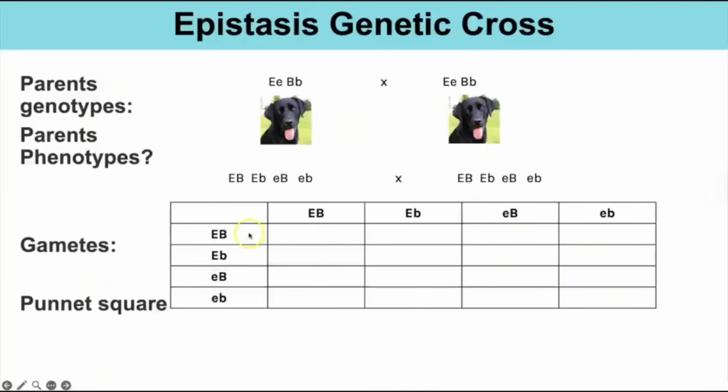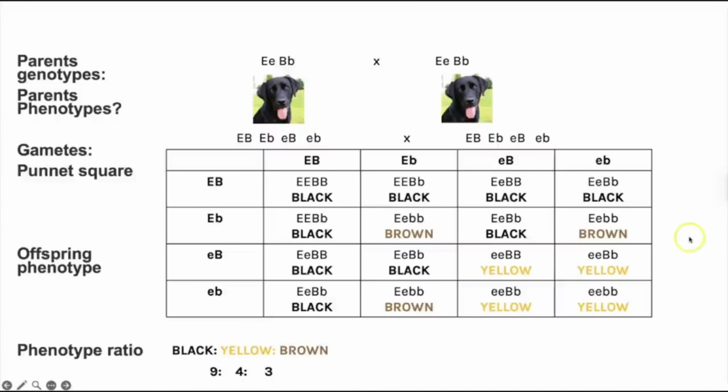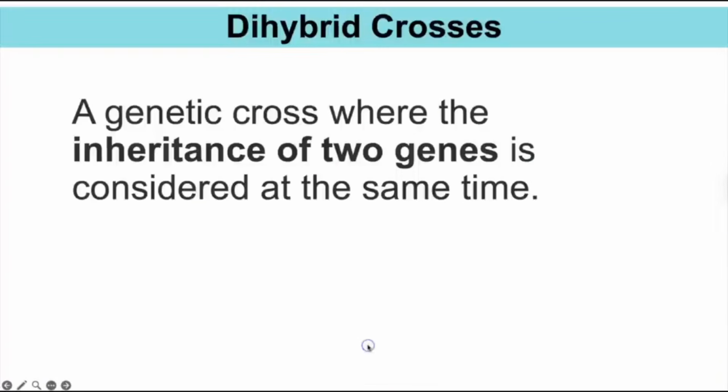It's much bigger. And we now need to show all of the possible genotypes. And I've then added in all of the possible phenotypes as well. So here we go. We can see all of those genotypes and the corresponding phenotype. And we have 9 black, 4 yellow, 3 brown. So we've got a 9:4:3 ratio for this.